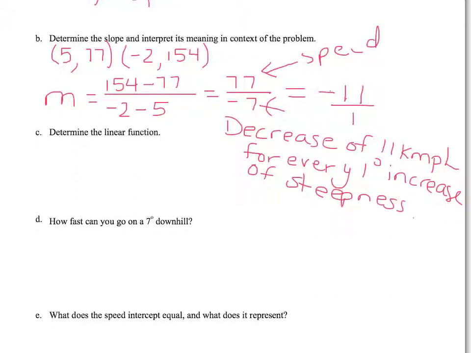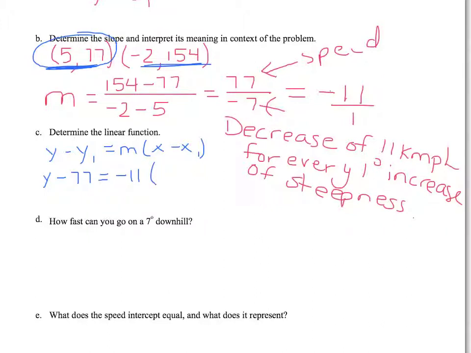And so now we want to write the linear function for this. Remember, I like point-slope form: y minus y1 equals m times x minus x1. You can pick either one of these two ordered pairs. I'm going to choose the first one. So y minus 77 equals -11, my slope, times x minus 5.